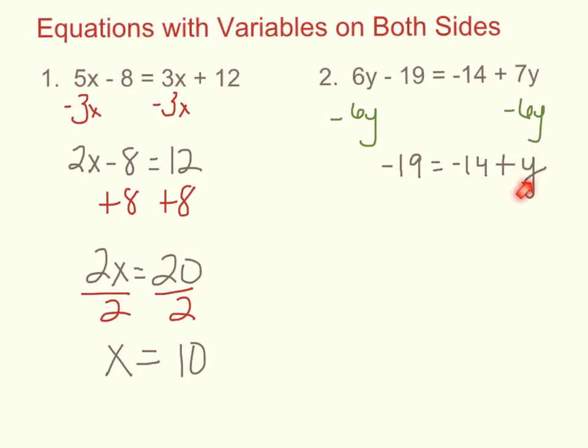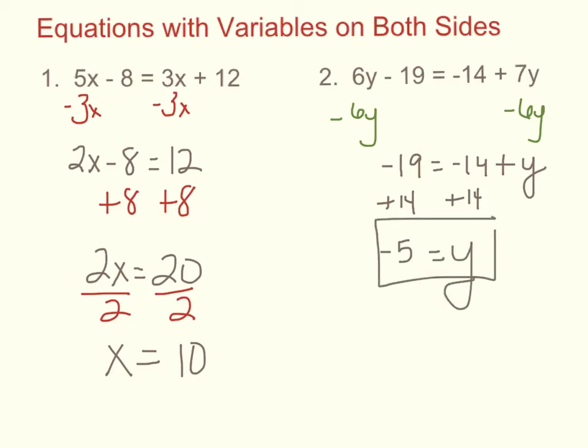Which means I want to get the negative 14 to the left. So I'm going to add 14. Same signs? Nope, different, so we subtract them and take the sign of the bigger absolute value, so that'd be negative 5 equals y. Negative 5 equals y equals negative 5.